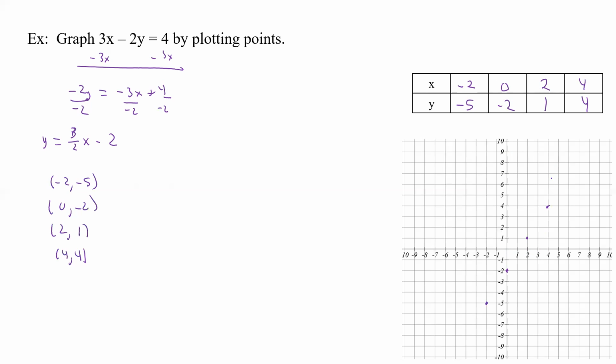All right, now we have to try to draw a straight line again. And so, it's going to come down something like that. And again, all points on this line are going to be solutions to this equation. Okay. Now notice this is what we call our slope.